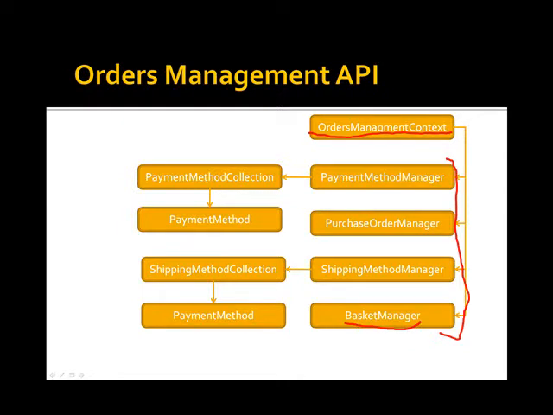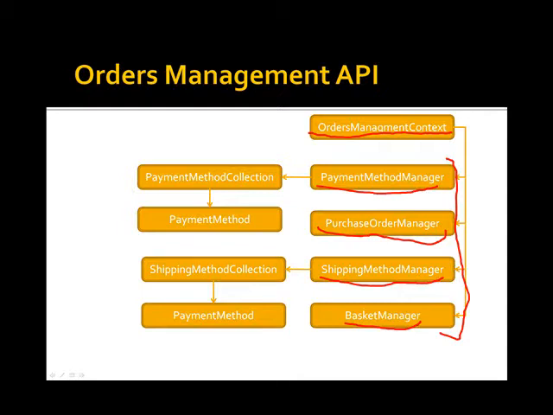The basket manager will allow you to modify and interact with the user's basket, and the purchase order manager will allow you to search and interact with the purchase orders that have been created. The payment method manager will allow you to create payment methods, and the shipping method manager will allow you to create shipping methods.